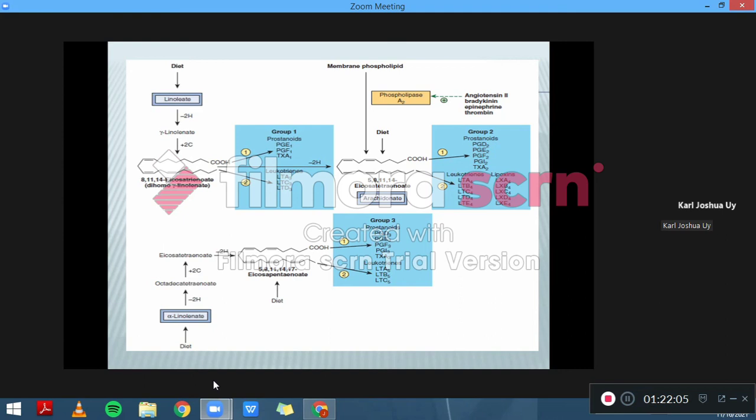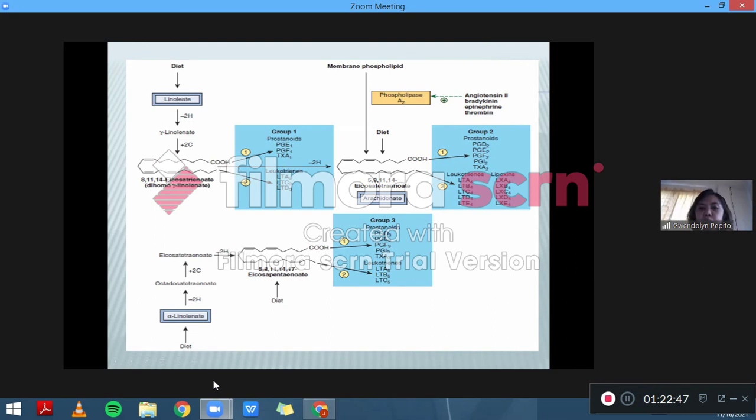Okay, so your inflammatory mediators are produced from your diet through your linoleate or your alpha-linolenate. Then you produce them depending on the groups. So if it is linoleate, it is an eicosanoid precursor, and then it produces your group 1 prostanoids and then leukotrienes. So meaning any inflammation or allergic reaction in your body can be from what you eat also, right?